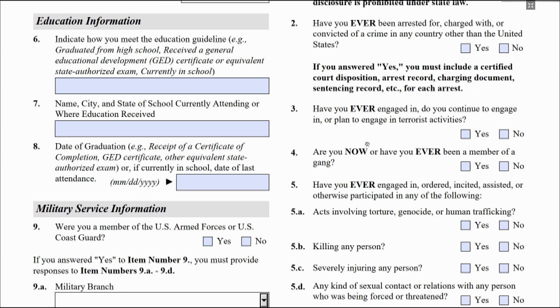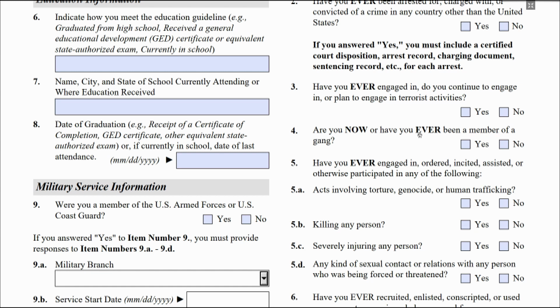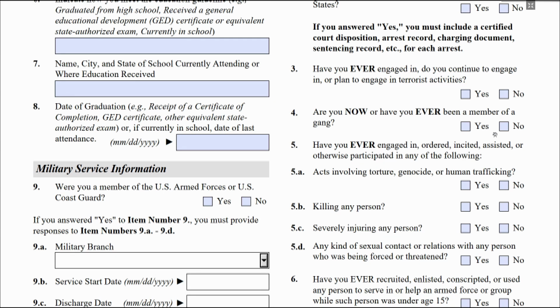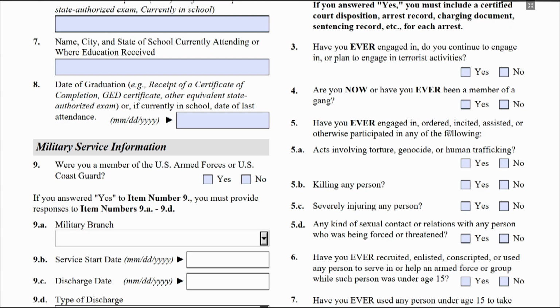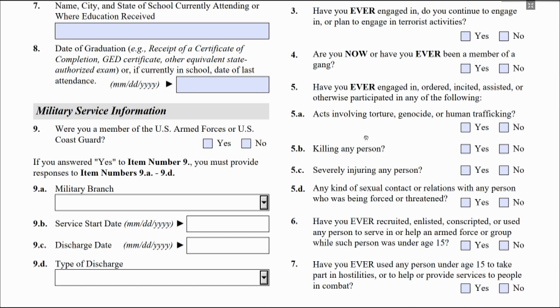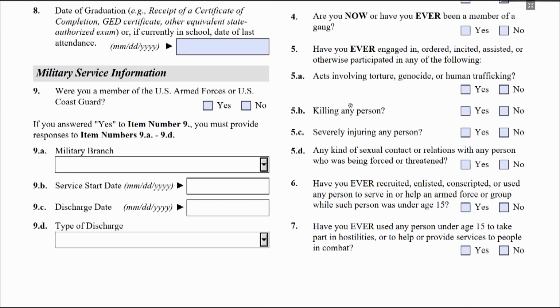Have you ever been arrested for, charged with, or convicted of a crime in any country other than the US? Most oftentimes no. Have you ever engaged in, or do you continue to engage in, or plan to engage in terrorist activities? Again, usually no. Are you now, or have you ever been a member of a gang?